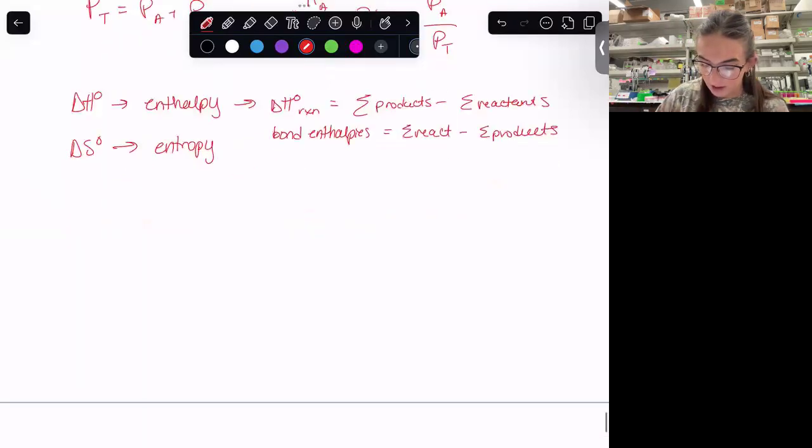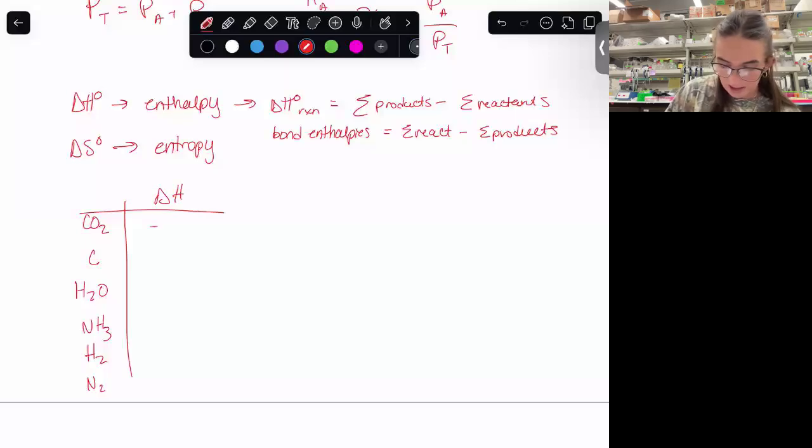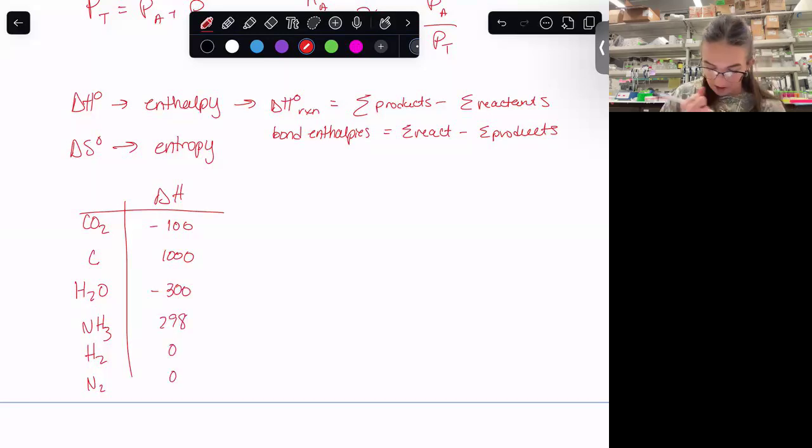If you're given tables with CO2, carbon, oxygen, H2O, H2, and so on, with delta H values like negative 100, 1,000, negative 300, 298, 0, 0, then this is your heat of reaction, looking for products minus reactants.